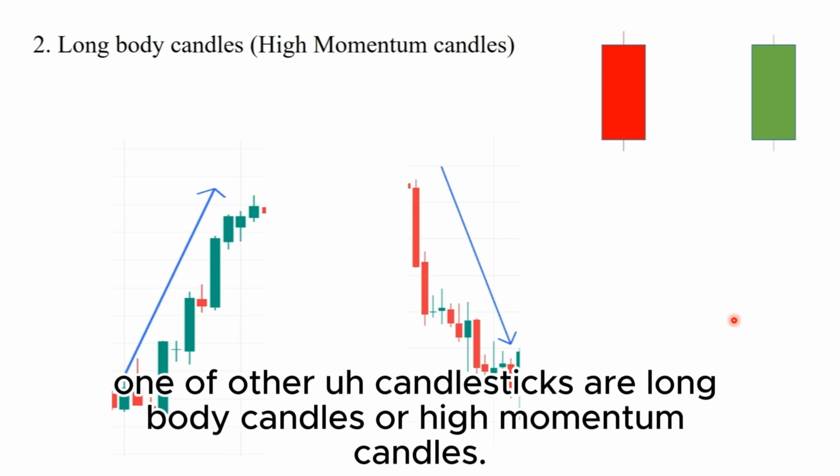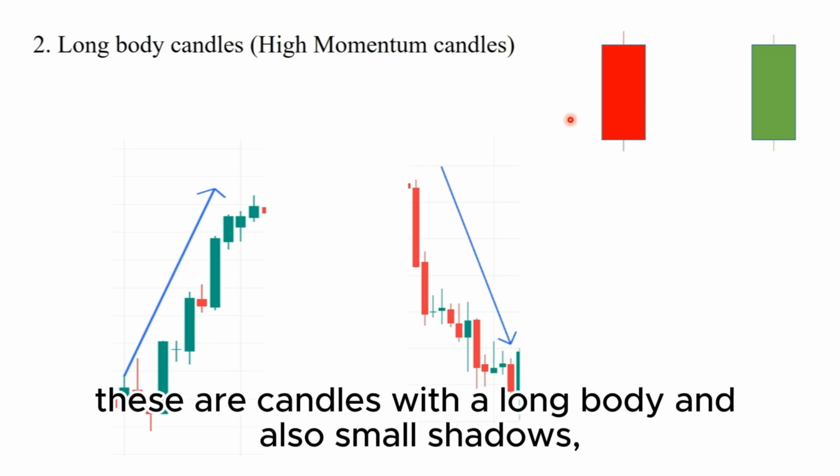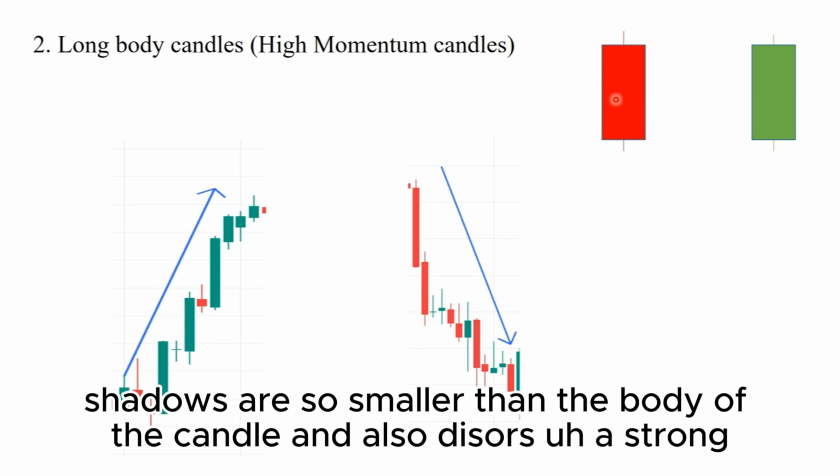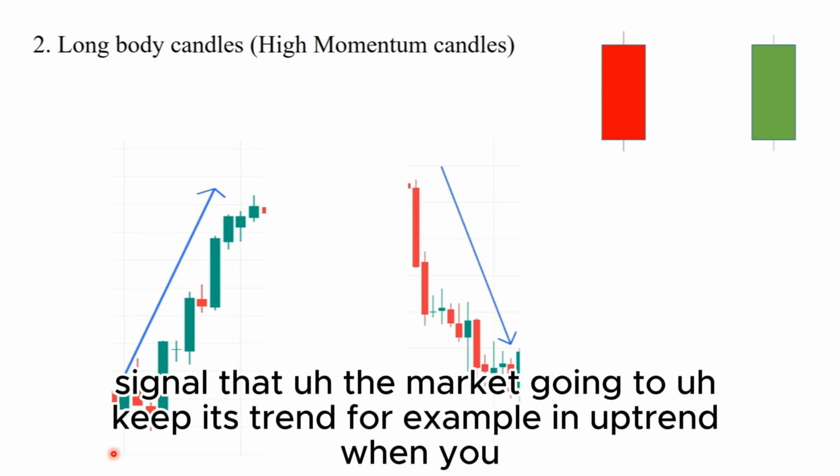Other candlesticks are long body candles, or high momentum candles. These are candles with a long body and also small shadows. The upper shadows and lower shadows are much smaller than the body of the candle, and these are a strong signal that the market is going to keep its trend.